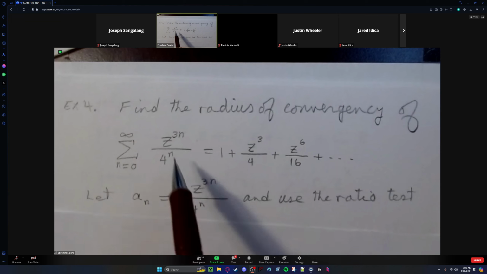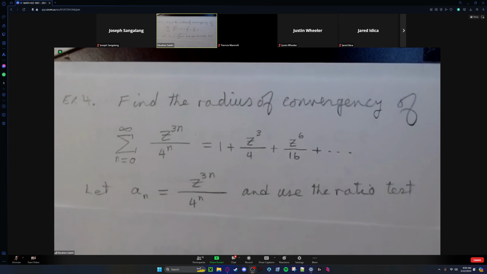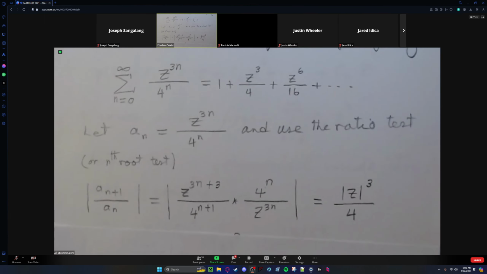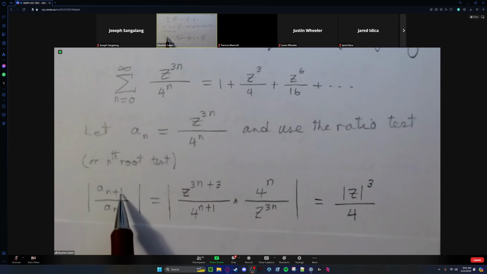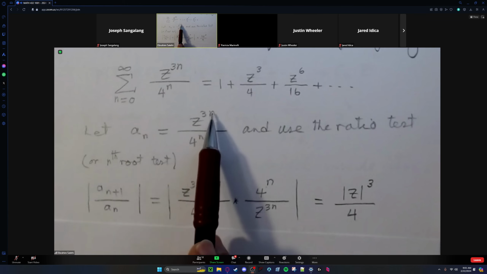So think about this as a_n and form the ratio of a_(n+1) over a_n. And usually you will have a bunch of simplification, right? Here you have a_(n+1), oh, be careful. That means replace n by n plus 1.